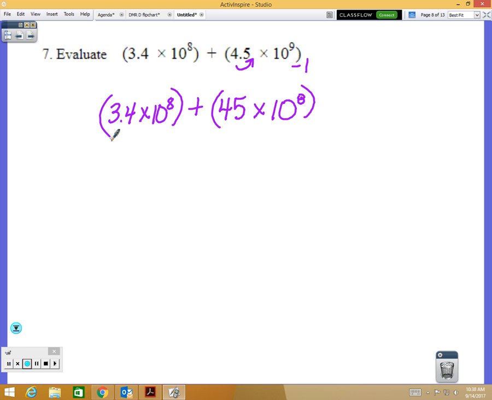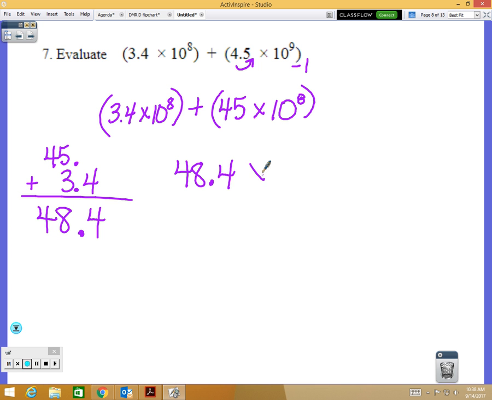Now I want to add 3.4 plus 45. So again, adding these up, make sure you're lining up your decimals here. And you get 48.4. So 48.4 times 10 to the 8th power.